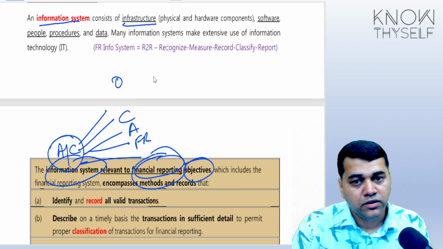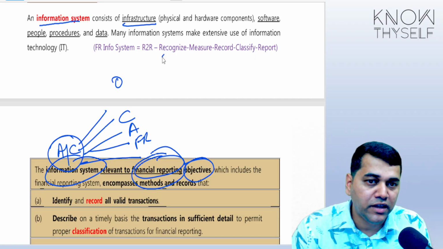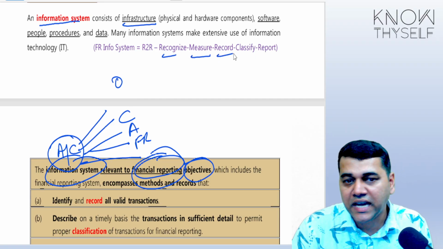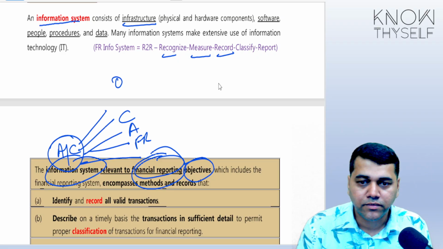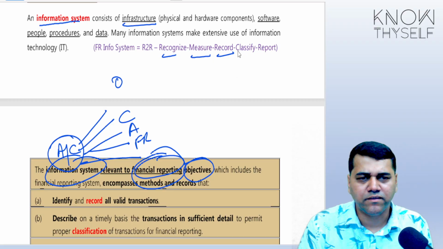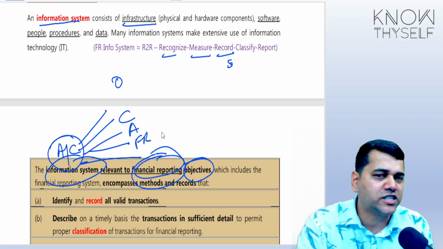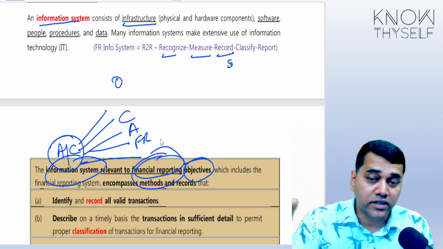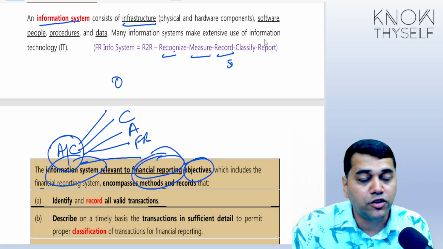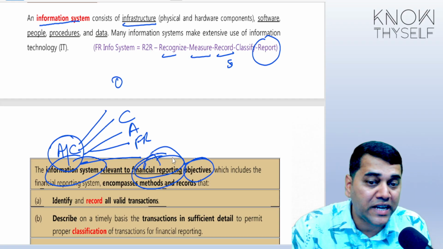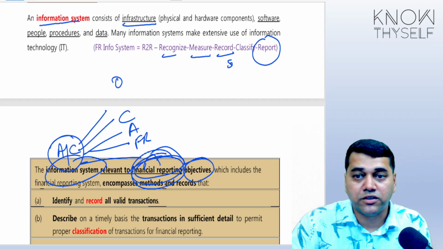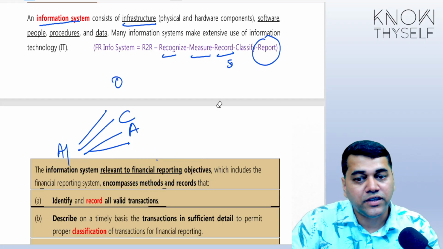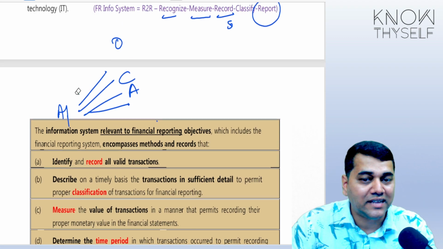So, what do you have? See, by default, accounting will have recognition, measurement, and recording. Agree with me? Because, and safeguarding, whatever. By default, the accounting system will have that. But what is that one new thing you have? Something called reporting, because we are talking about financial reporting. Okay, so now when I look at this, you see, identify all transactions are recorded.